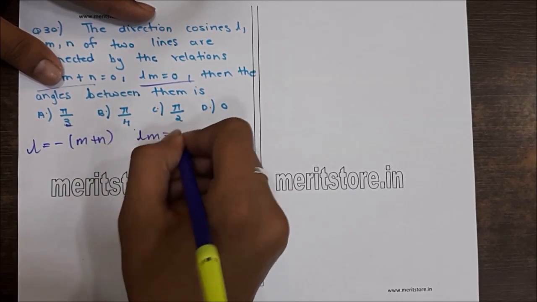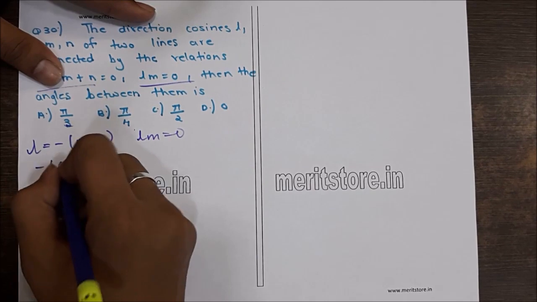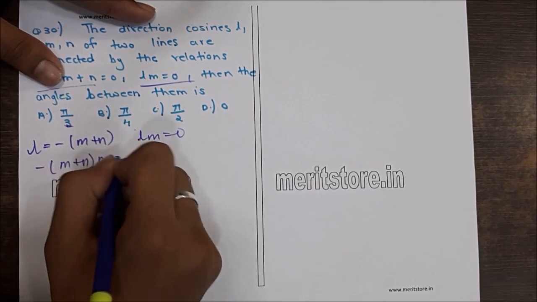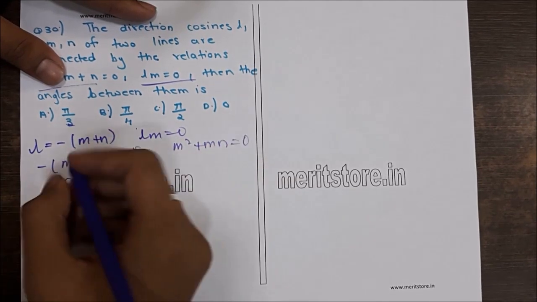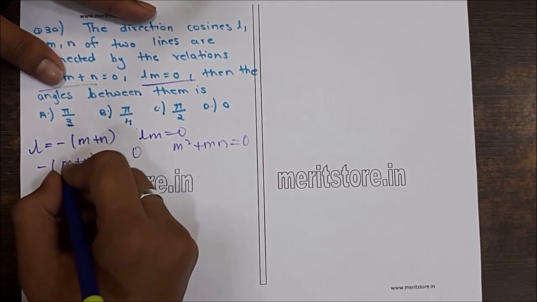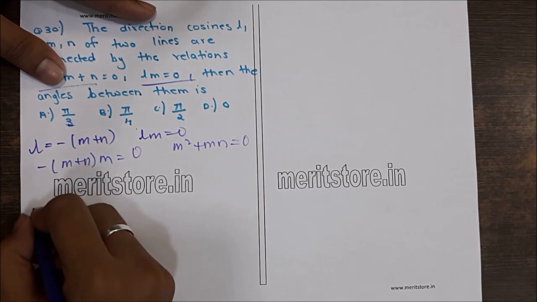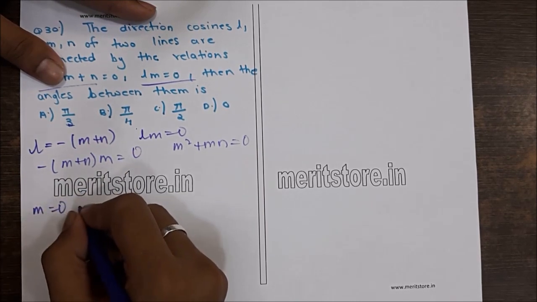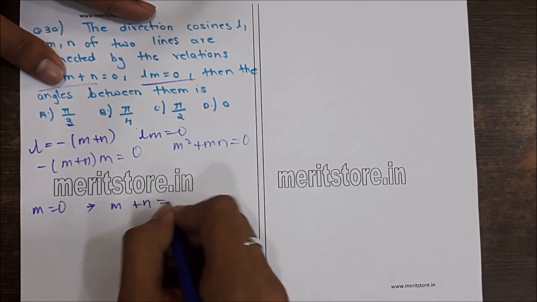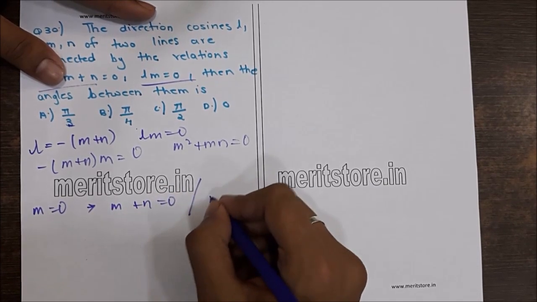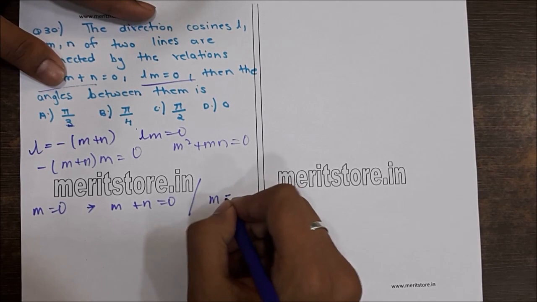Right? So we will get minus M plus N into M is equal to 0. So we will get M square plus MN is equal to 0. So we get the following conclusions, that is M is equal to 0, okay, and then M plus N is equal to 0, or M is equal to minus N.